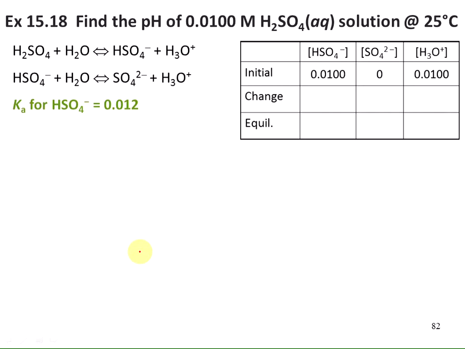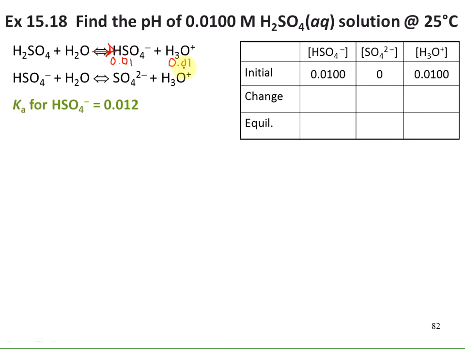That's where I'm getting the 0.01 from, because I assume this first reaction is one-way, so it completely dissociates that first proton. When all that gets converted into HSO4 minus, I also create an equivalent amount of H3O plus, so the concentration of the hydronium is 0.01.